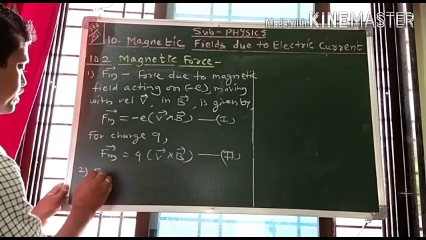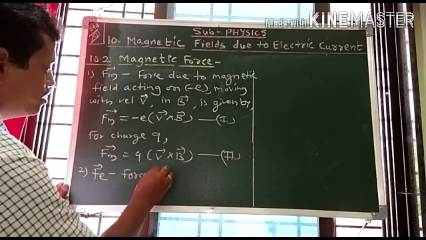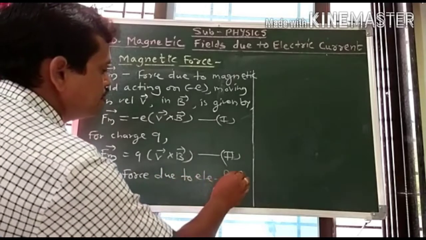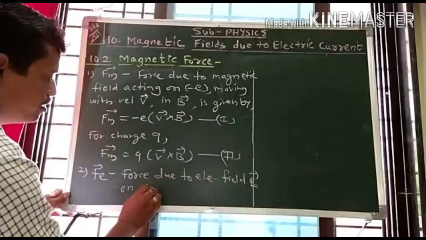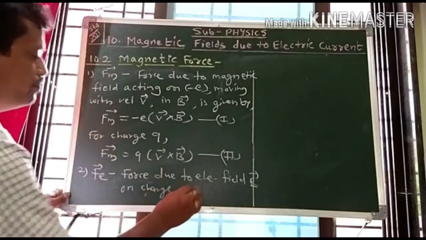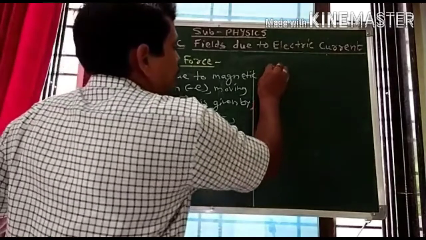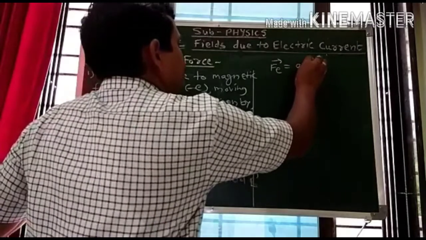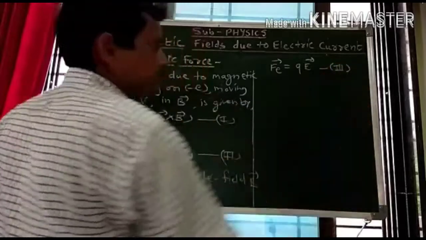Here we consider vector Fe, the force due to electric field vector E on charge Q, and this force is given by vector Fe equal to Q into vector E. This is equation number 3.